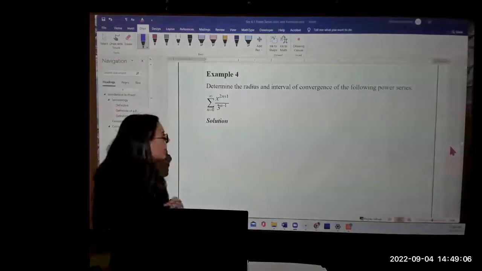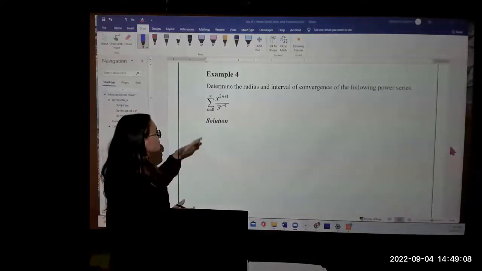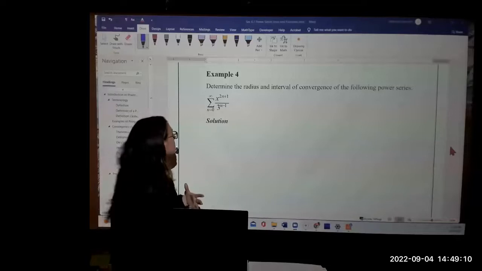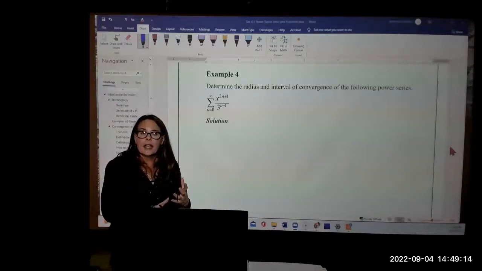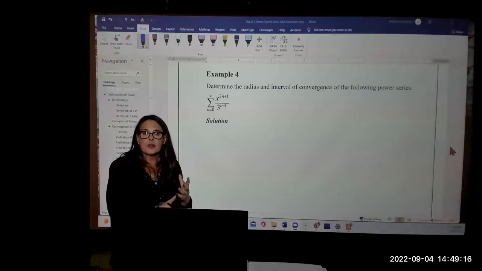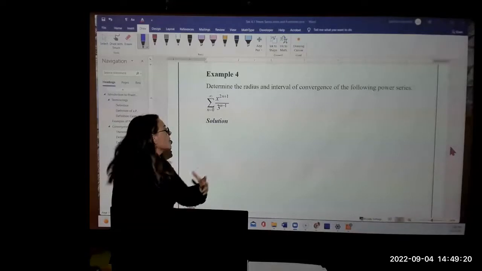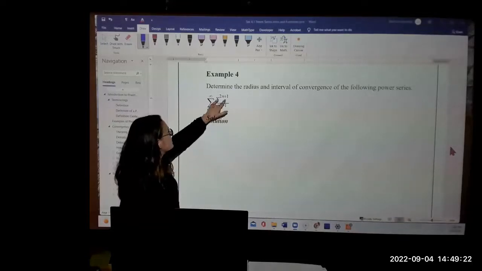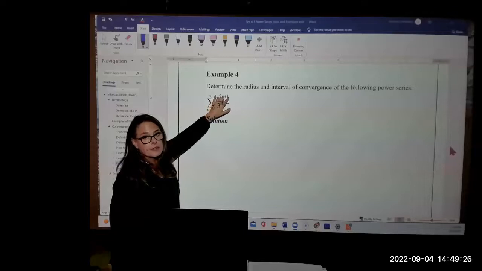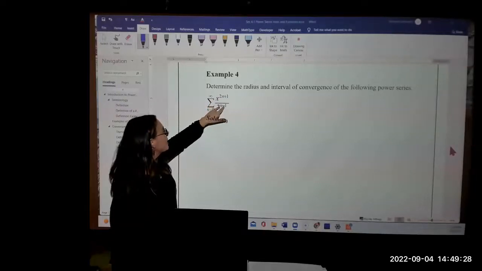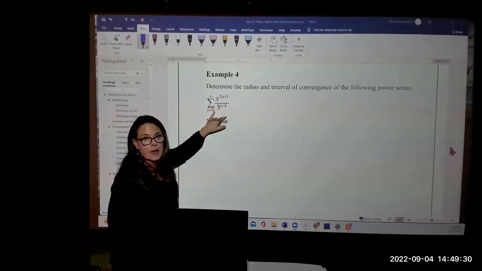In this particular one, your first instinct might be, well, it looks like I could probably get them together as some common ratio, not dependent on n, with something dependent on n on the outside. But the problem is you've got 2n in the power on x and only 1n in the power on 3.